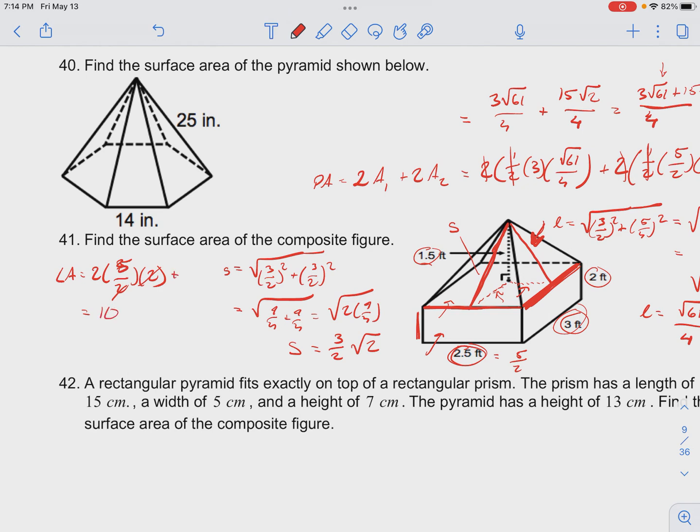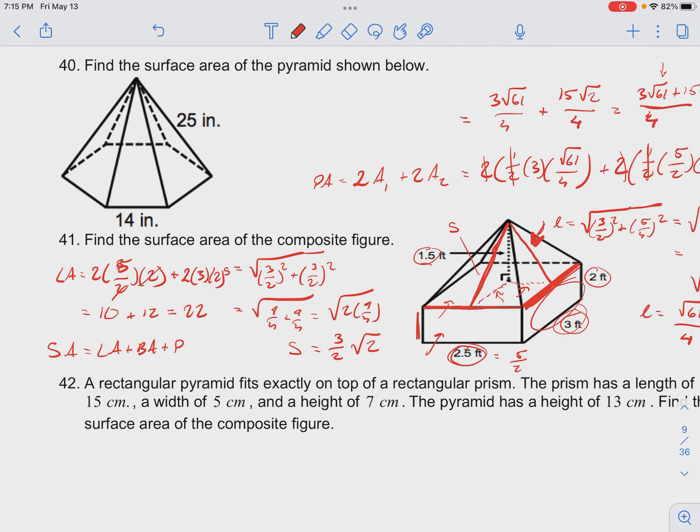And then we also have twice the other area, for this rectangle here, so that has an area of 3 times 2, and 3 times 2, which is 12. So we have, let's see, 22.